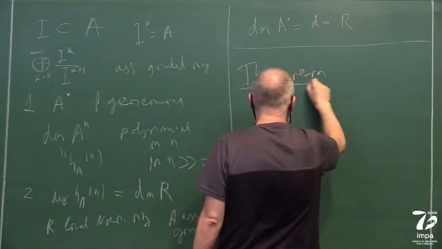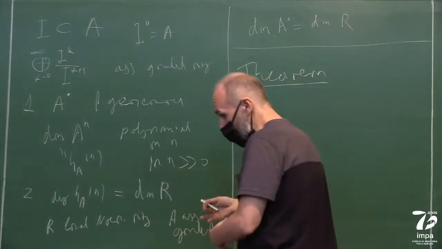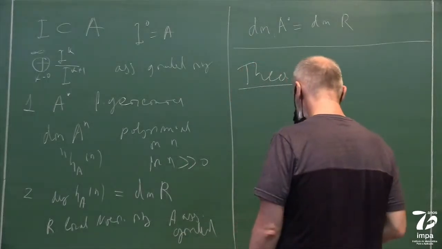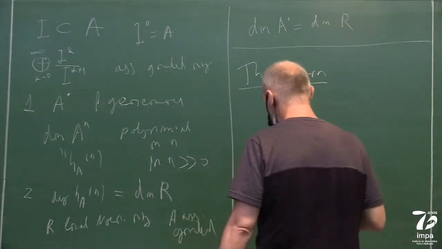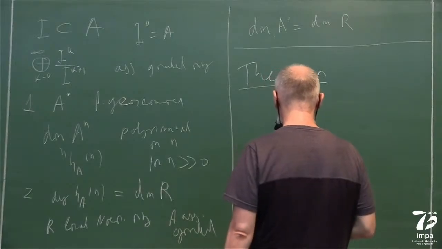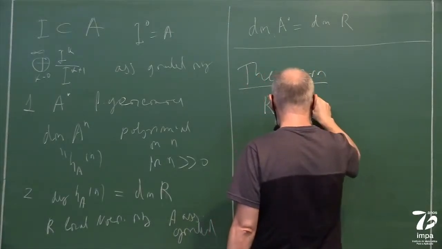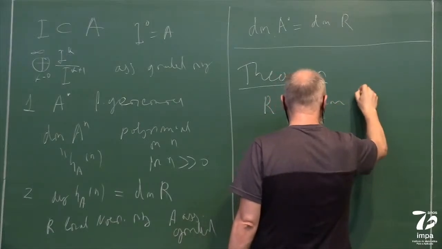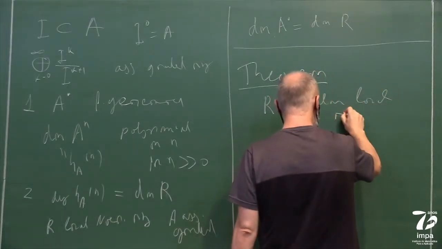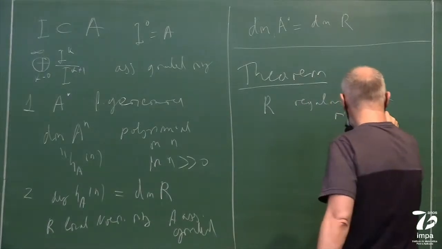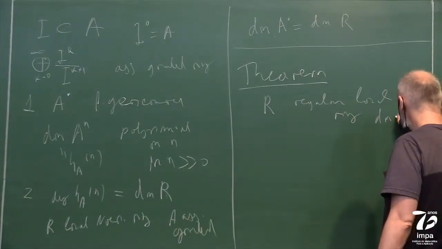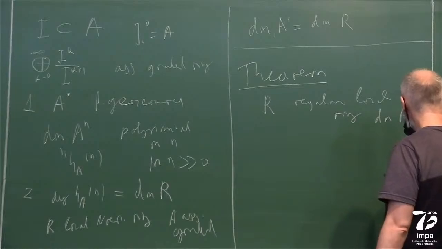It gives three properties which are all equivalent and they all define regularity. So suppose you have R, a local ring, of Krull dimension d.